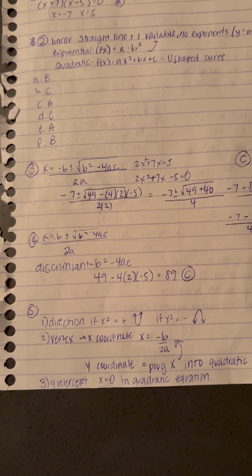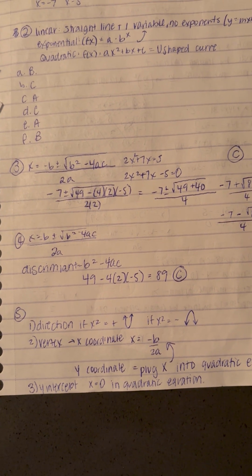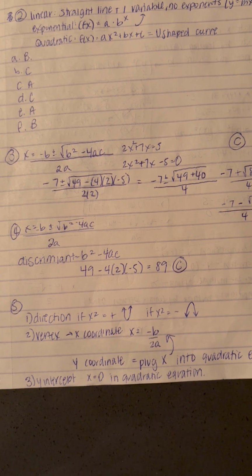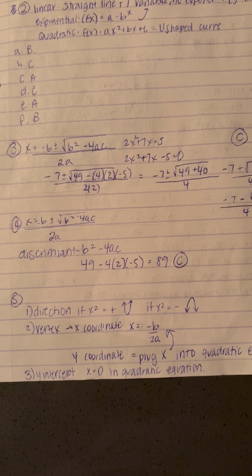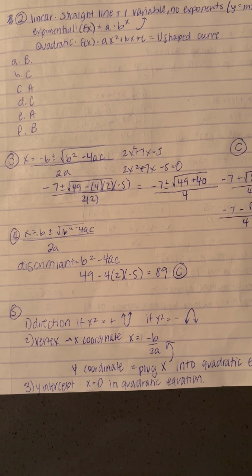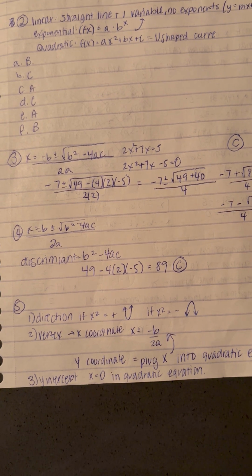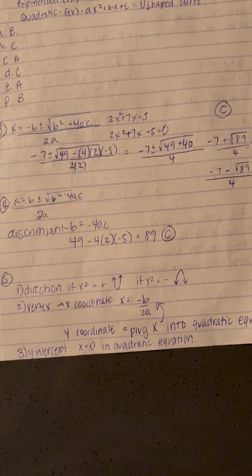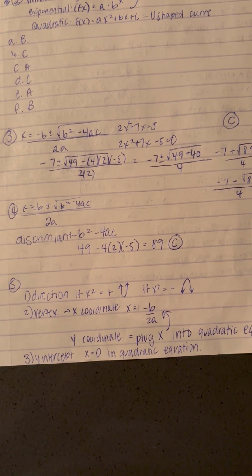For 5, sketch the graph. So first of all, the direction: x squared is positive, so that would mean that we're opening upwards. And then we would want to find the vertex, where the x coordinate would be x equals negative b over 2a.